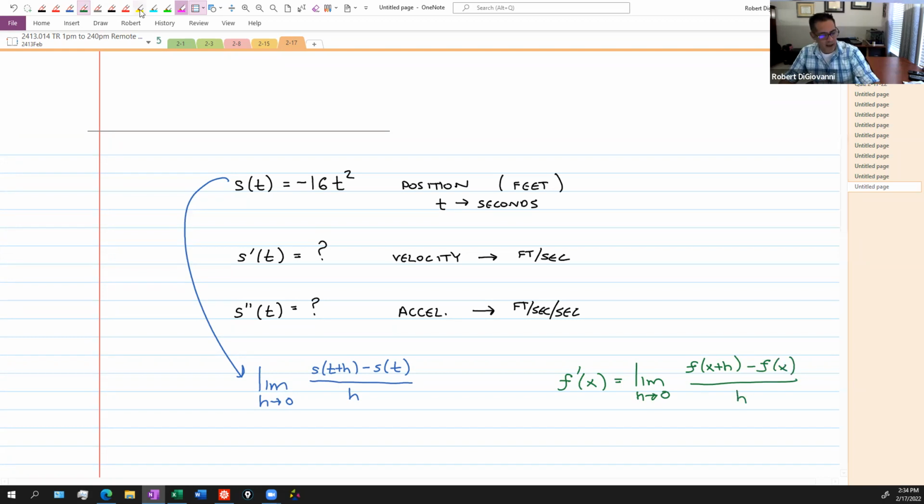But instead of having f as the name of the function, it's s, and instead of using the variable x, we're using t. And so you're just going to play the same game. You start off by plugging t plus h in here, and then plugging t into here and subtracting and dividing by h, and things will cancel, and you should get a first derivative. And then you take the derivative of that, do it again, and then you get your second derivative. You're just going to have to practice on this.